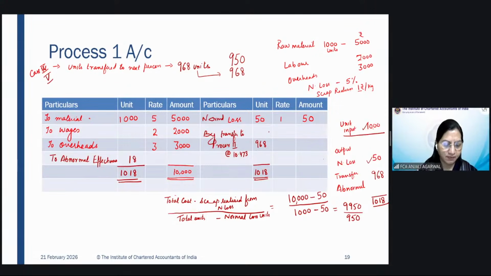So when you multiply 9950 divide by 950, it's 10.4736 multiplied by 968. In my calculator, I have taken till last decimals straight away. So this comes out to be 10,138.52. I will round it off to 139 and plus 50. So this becomes 10,189.